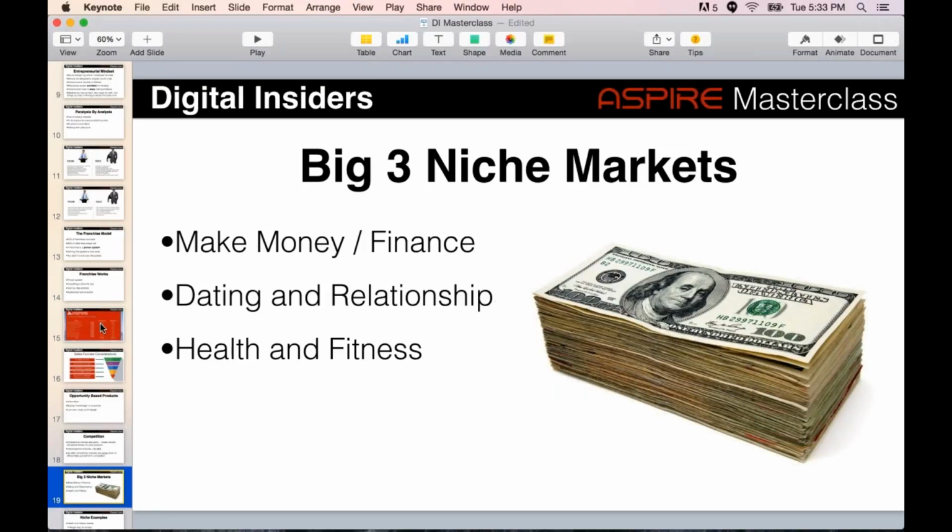So when we are marketing online, there are three big niche markets, what are always referred to as the big three niches. There's the make money and finance market, the dating and relationship market, and the health and fitness market. These are huge markets.